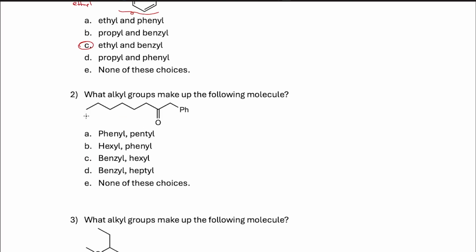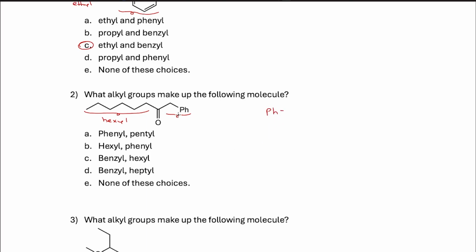Now the next problem is referring to the same concept, except we are talking about this alkyl group to the left and this alkyl group to the right. To the left, I count 1, 2, 3, 4, 5, 6 carbons, meaning that I have a hexyl group here. And on the right, it's a little bit of a trick. In the topic video introducing phenyl and benzyl groups, I said that phenyl groups can often be abbreviated as Ph.